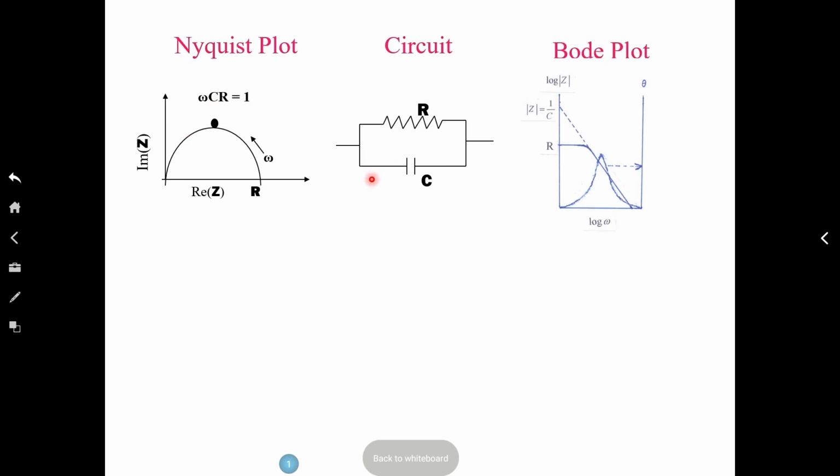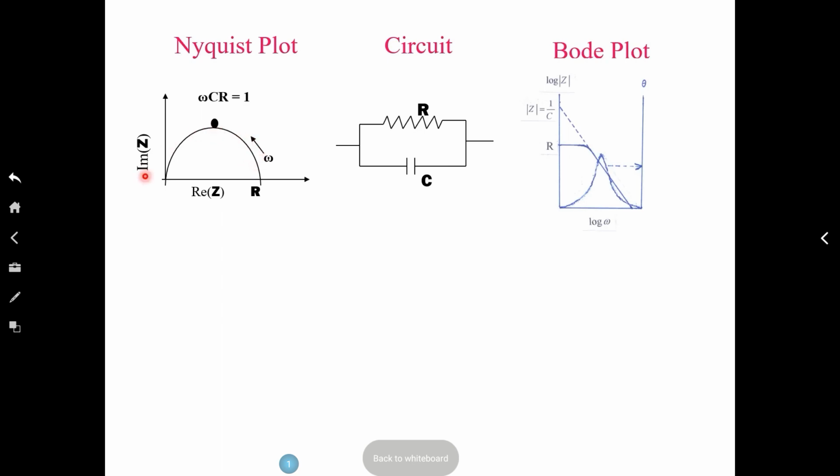So why do people even need the Bode plot? First, you can see that as you change frequencies, your data will be lying along the periphery of this semicircle. But real data will be scattered.